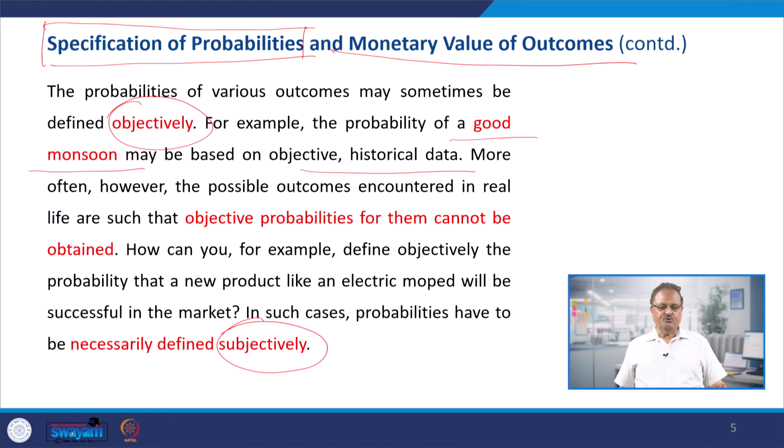Everything should be known to you very clearly, and the paying capacity of the people, the possible acceptance of the product or the service by the people. Everything has to be known to the people who are going to make the subjective estimates. If they are not aware of the market and the product is new, with no historical data, then subjectivity creates a problem, and finally the outcome may not be as expected.